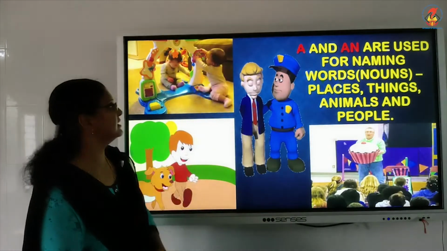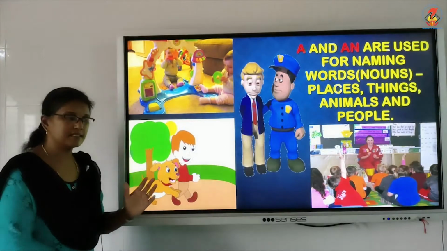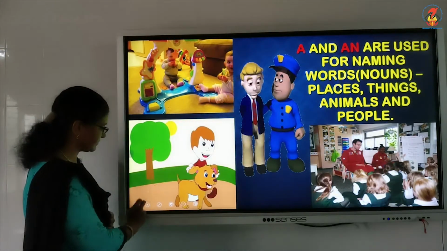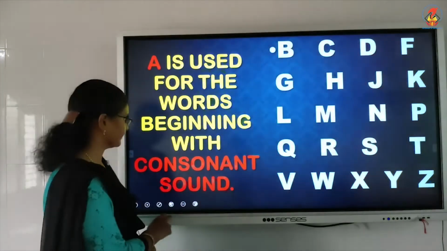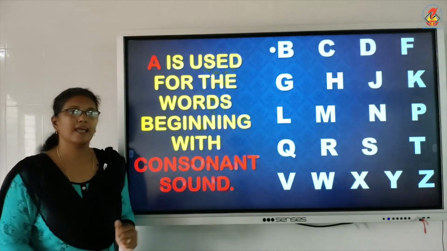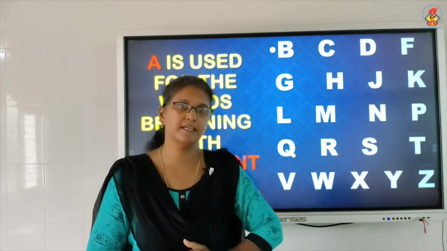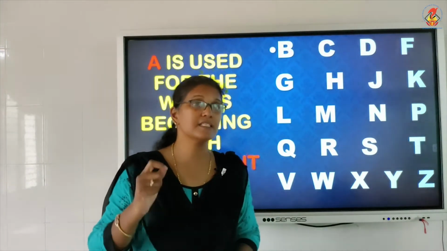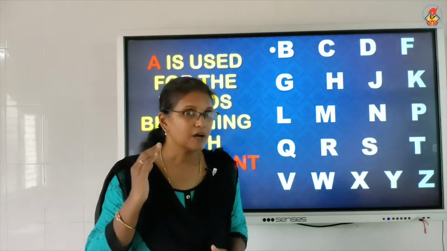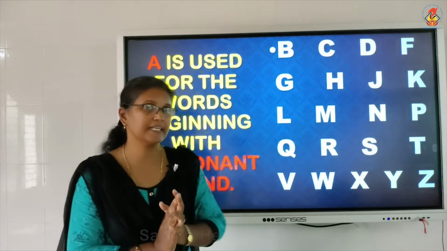For people, for things, toys, for animals. So, my little ones, then these a and an are used in different ways depending upon the sound of the word after these articles.